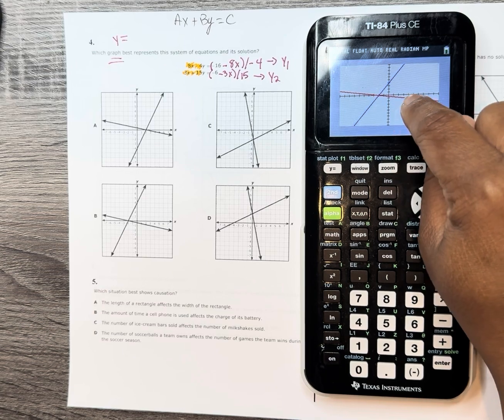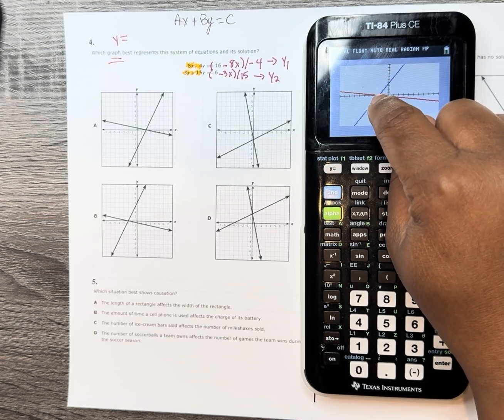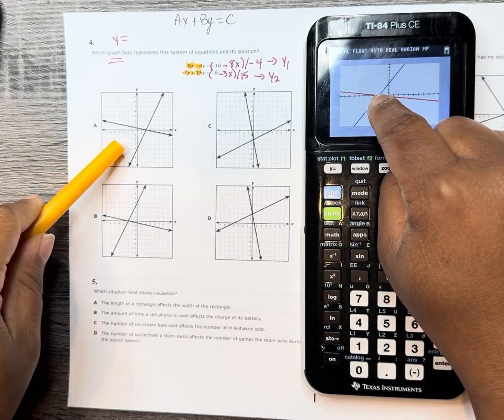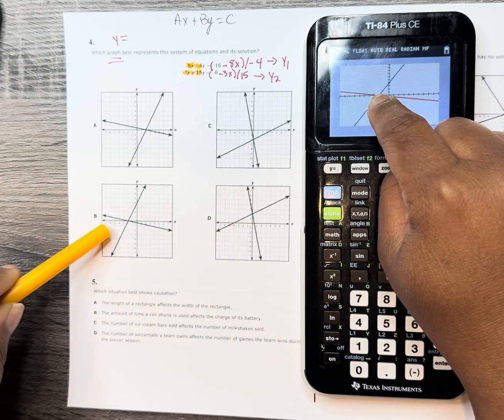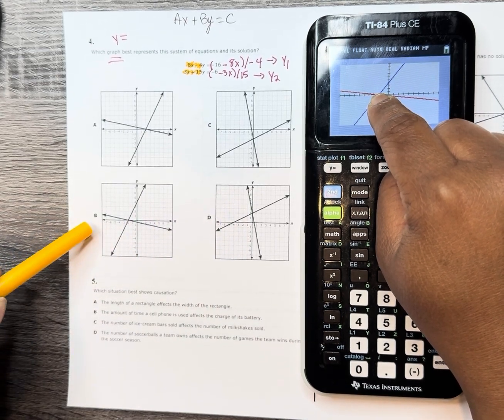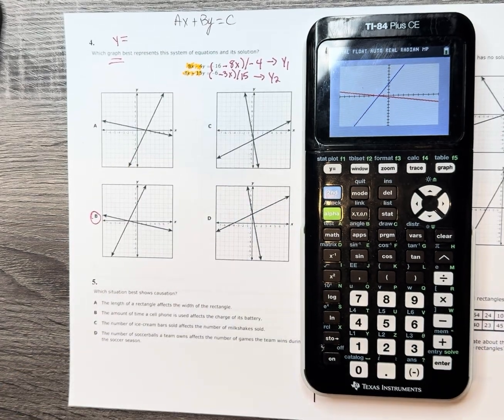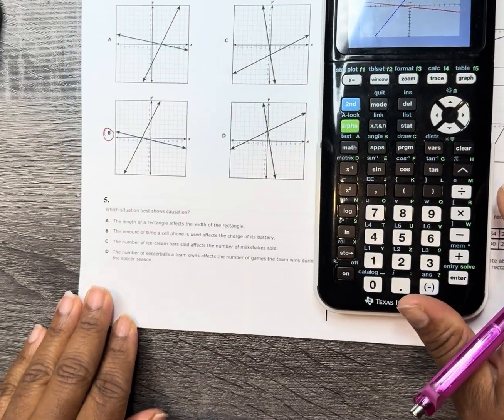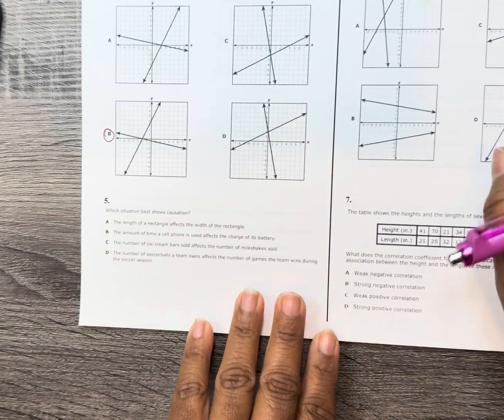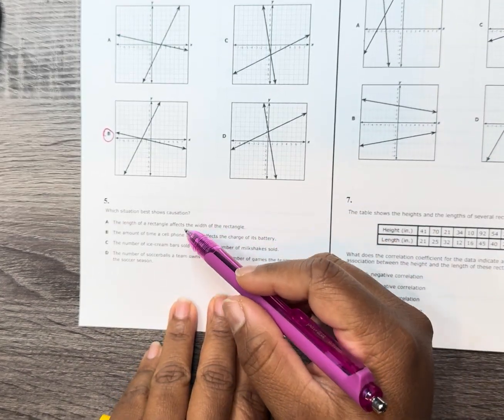Notice how that intersection is happening about at negative 2 on the x-axis. The only answer choice that does that is B. So that's our answer. Okay.